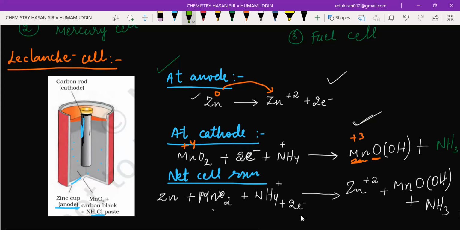Now this 2 electron and 2 electron will be cancelled. The 2 electrons are also on the right hand side, with zinc Zn plus 2, so both will be cancelled. And again, you need to write the left hand side and right hand side.